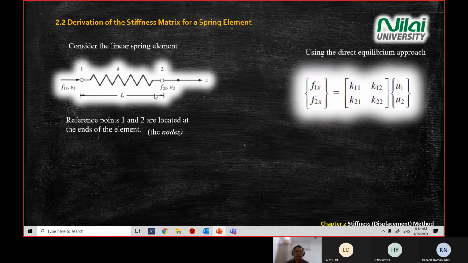This is an example that we have been going through. If you're looking at an individual spring with 2 nodes and 2 forces to move around in the x direction only, then the matrix will have this form. It means you'll get a 2 times 2 K matrix, 2 forces, 2 displacements in the x direction only.